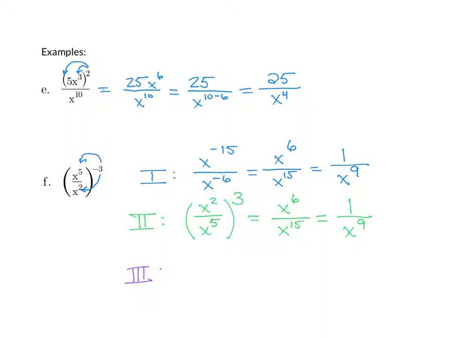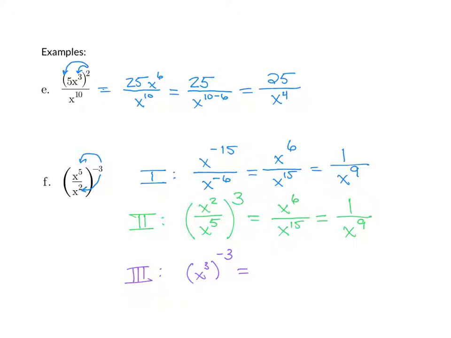So if we simplify inside the parentheses, we are going to get x cubed. I do my 5 minus my 2, raised to the negative 3.